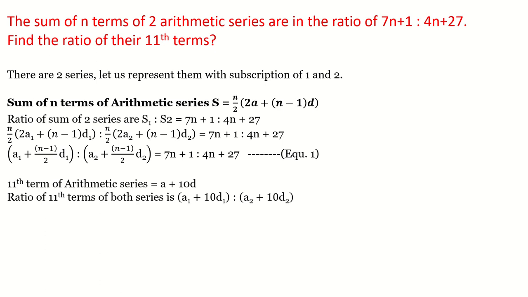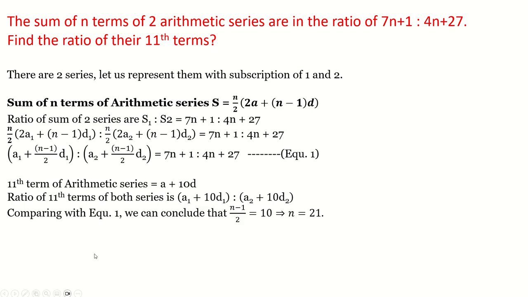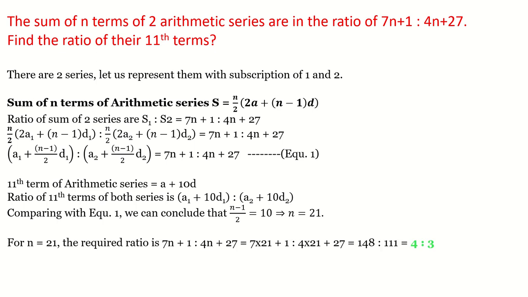Now if you compare this with equation 1, we can easily see (n minus 1) by 2 is 10, which means n is 21. So for n equal to 21, the required ratio is 7n plus 1 to 4n plus 27 for n equal to 21.